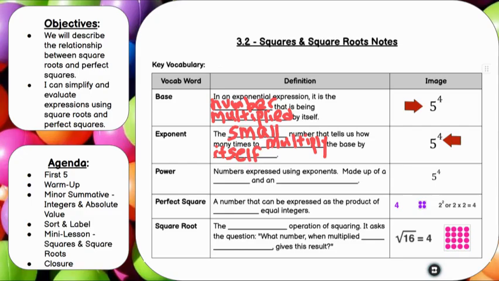All right, and then next, we can combine the base and exponent together, and we call that a power. And a power is numbers expressed using exponents, made up of a base and an exponent.